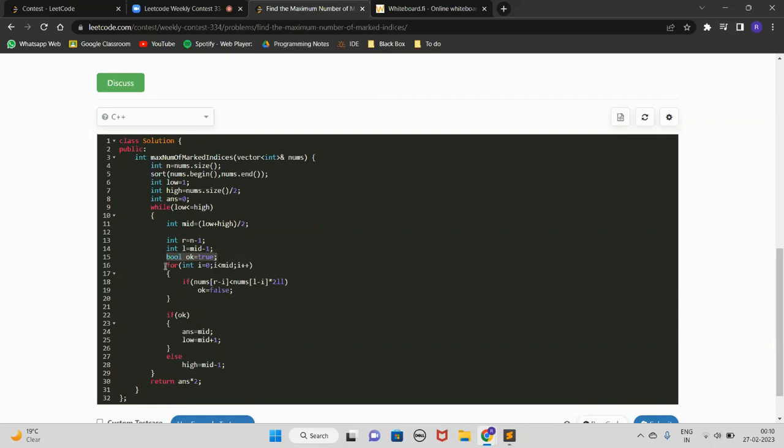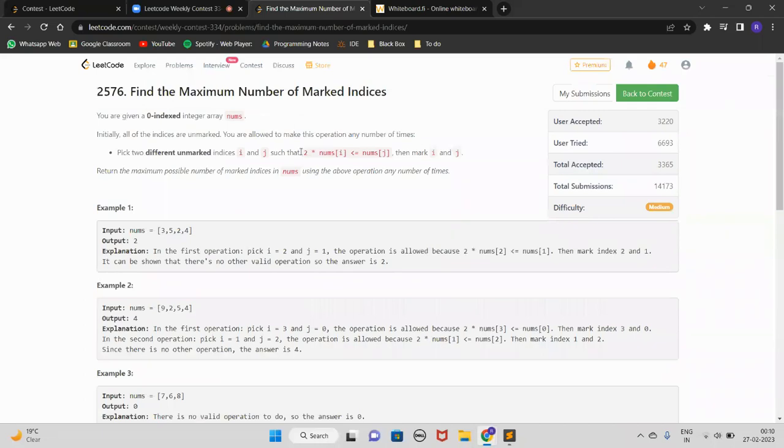Then, for int i equal to 0, i less than mid, i plus plus: if nums of r minus i is less than or equal to nums of l minus i into 2. The condition for a good pair is this, and for a bad pair, the sign will flip.